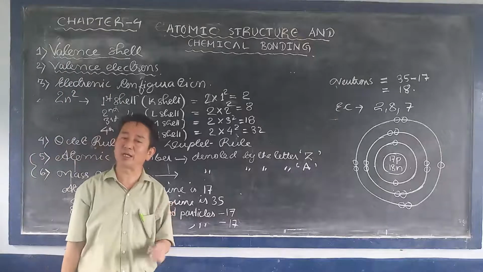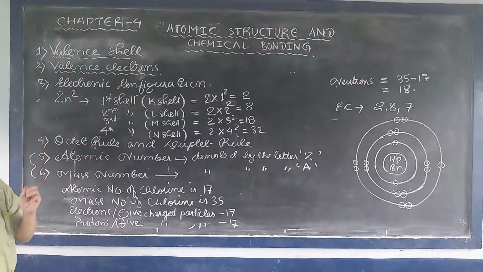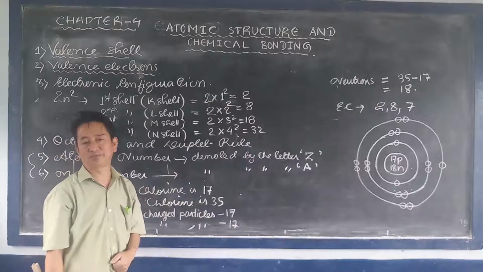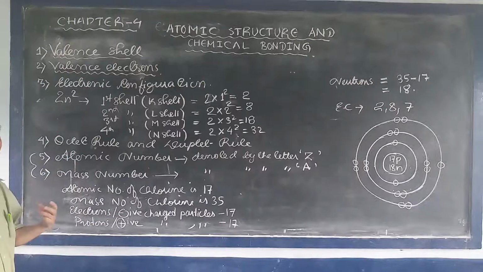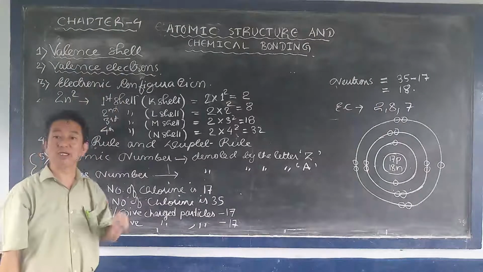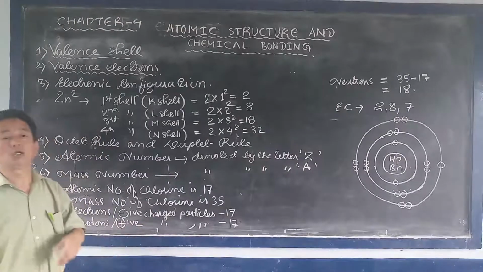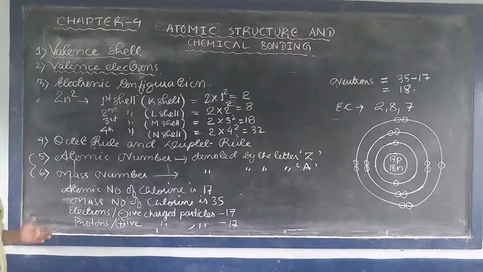Now next here, electronic configuration. Now what is electronic configuration? Electronic configuration is the arrangement or distribution of electrons into their respective shells, which depends on the atomic number.